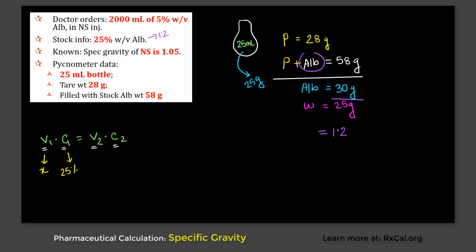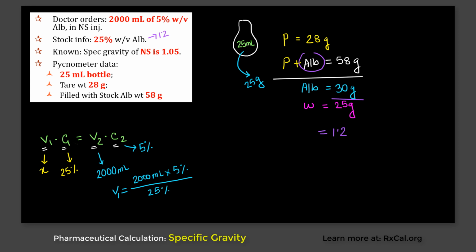And for the latter, V2 is known. This is 2000 ml. And the concentration is also known as 5%. So we plug these numbers in the equation and it gives us V1 would be 2000 ml times 5% divided by 25%.